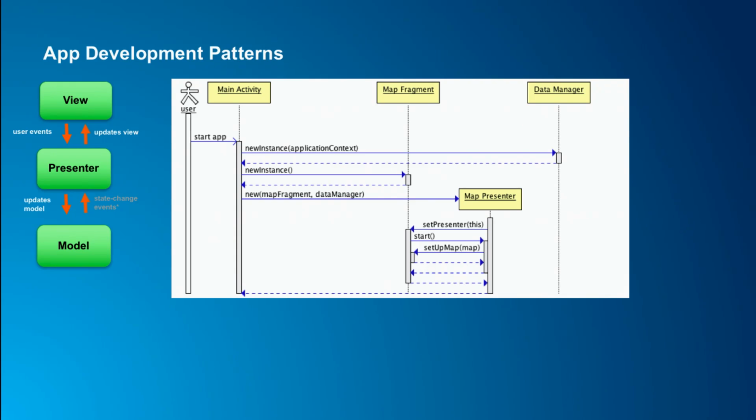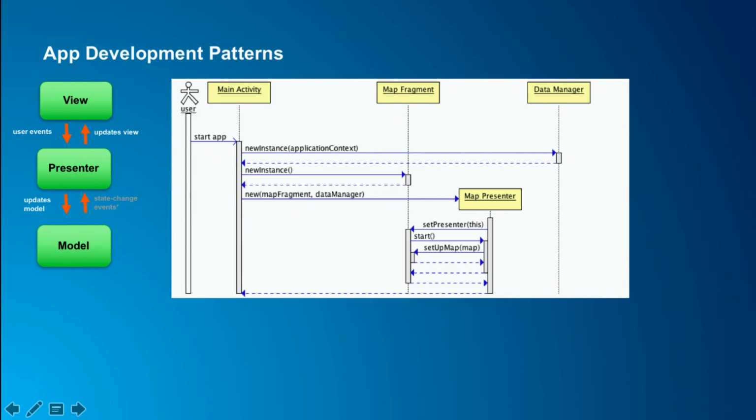Now to dig into a little more detail here, how is this implemented in the app? Here we have a sequence diagram showing what happens when a user starts the app. So the main activity receives a notification to start up and immediately starts by creating a new instance of the data manager.